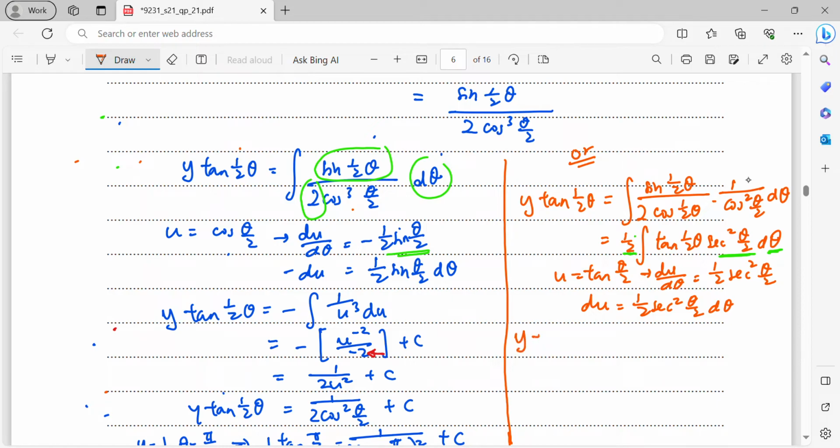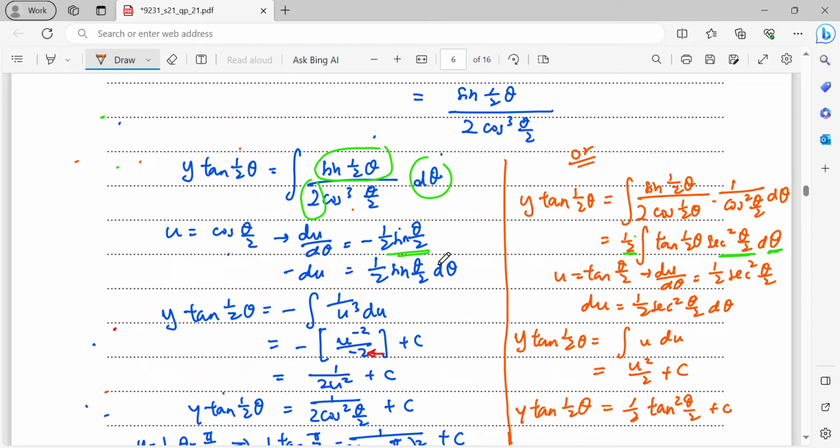So it means that now y tangent half theta is integrate tangent half theta, which is my u. So I will just reduce to this simple integration. Then at last, I times back, so it will be half. The u will be changed to tangent theta over 2, but now it's squared.